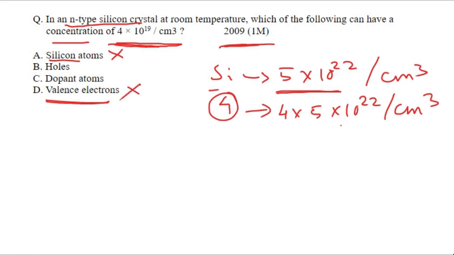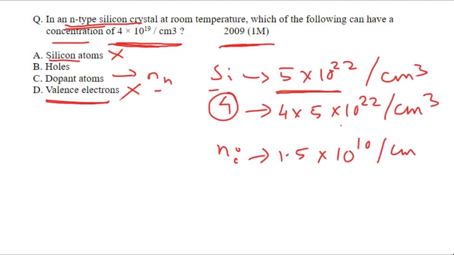Now what is left? Holes or the dopant atoms. In an N-type silicon, what are the dopant atoms? It is the electrons. It is nothing but the concentration of electrons in N-type, Nn. Now let's see what is Ni, the intrinsic carrier concentration. It is 1.5 into 10 to the power 10 per centimeter cube, which we have discussed in the theory video.